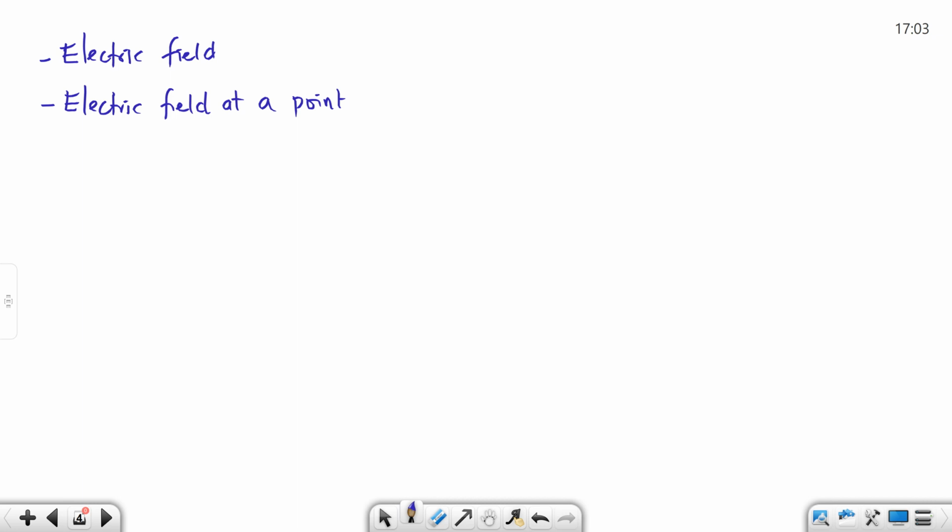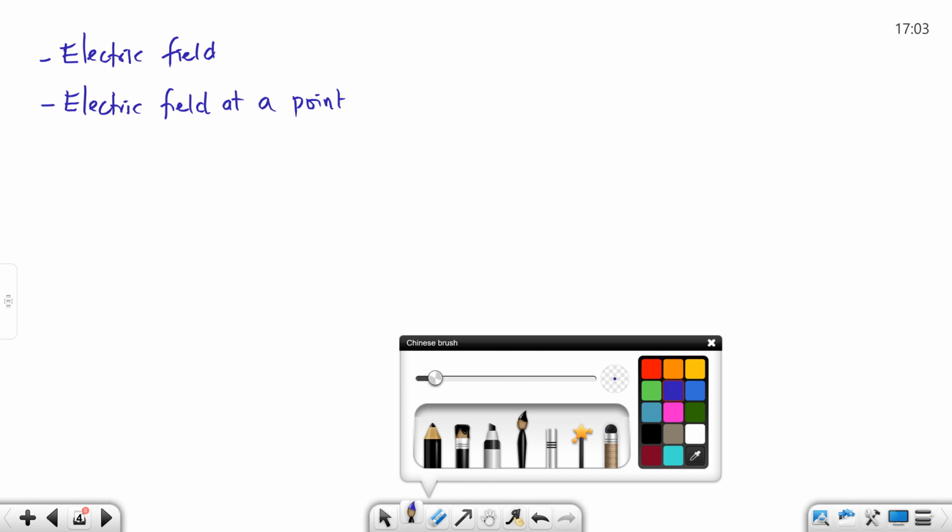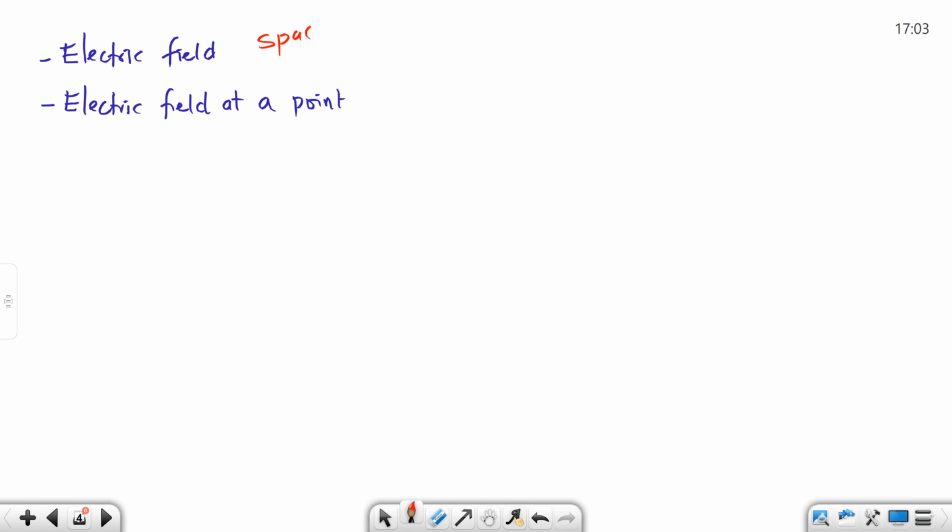Guys, you have your pages or definition pages. Please go through. I'm just passing through and showing you what's important. Electric field is the space or region around the object where an electric force is experienced. But when I talk about electric field at a point, this is where we use this formula. E equals F over Q. It is the force experienced.